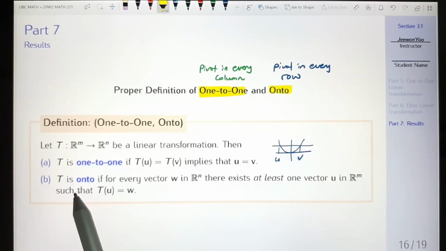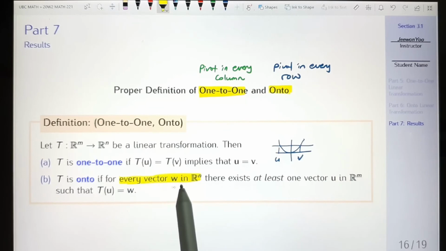Part B. We now talk about onto transformation. Once again, I'm going to use the UBC ID example to explain this. The most important words that you have to keep in mind when you talk about onto is this: every vector in the codomain.